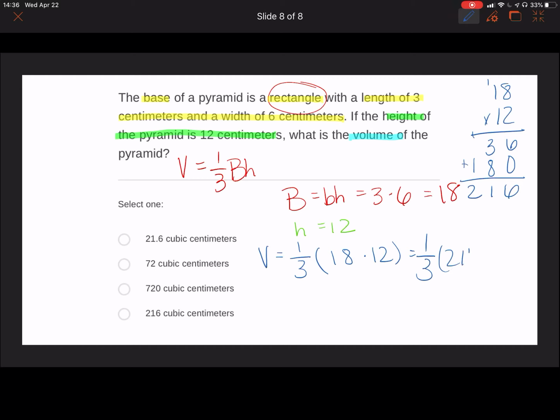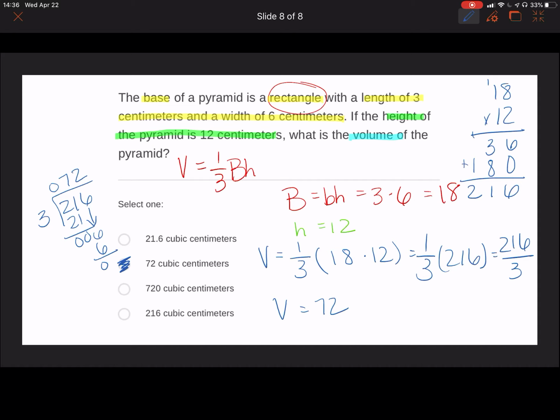Comes out to 216. Remember, we can also write it like that. And our volume comes out to 72 cubic centimeters. And that's it for volume.